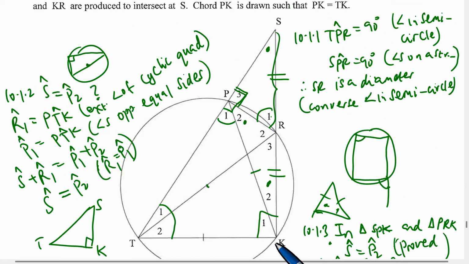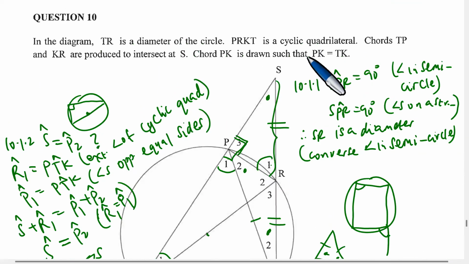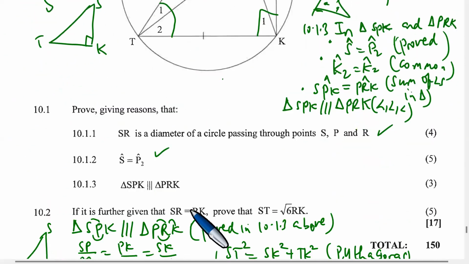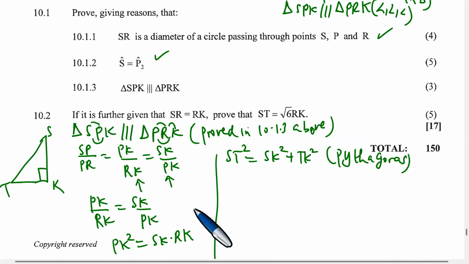They've given this marked, they're equal. They even have said here, PK is equal to TK. So we write TK is equal to PK, because it was given like that.